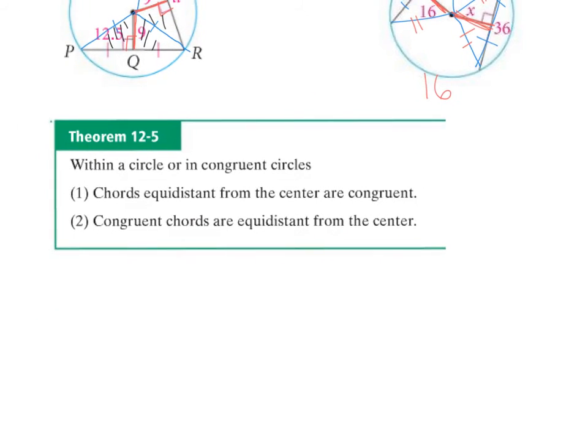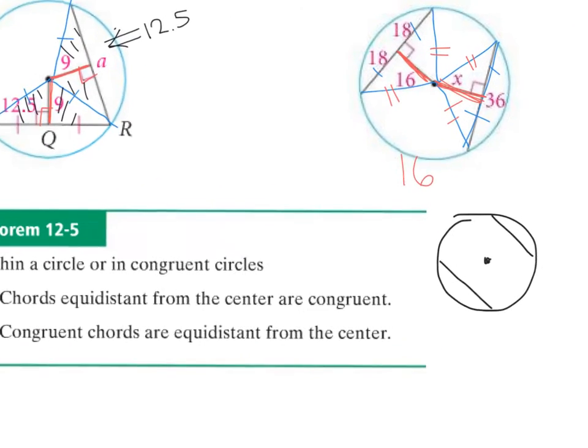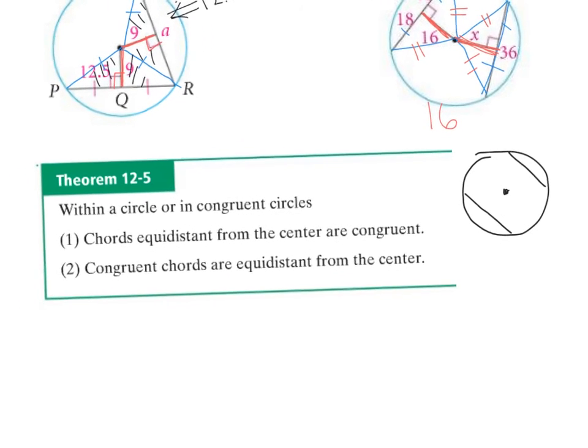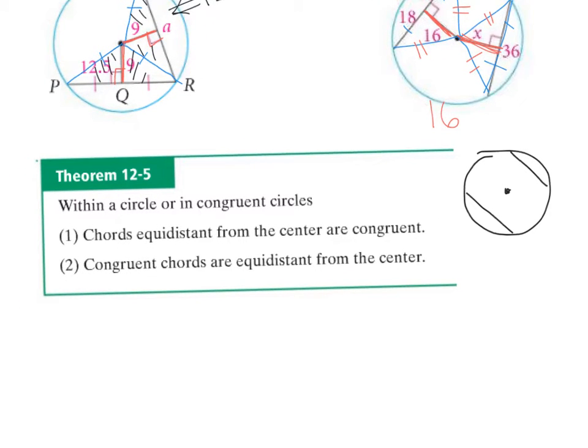And then the next part, theorem: within a circle or in congruent circles, chords equidistant from the center are congruent. That actually goes along with what we're doing right here. So the converse is congruent chords are equidistant from the center.